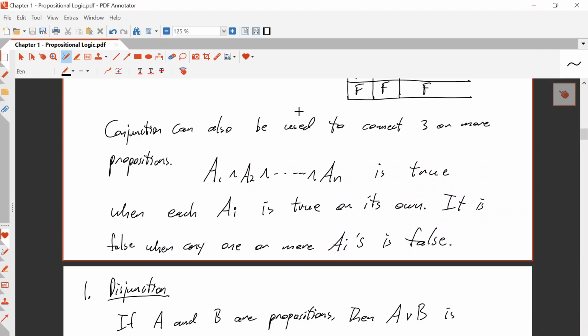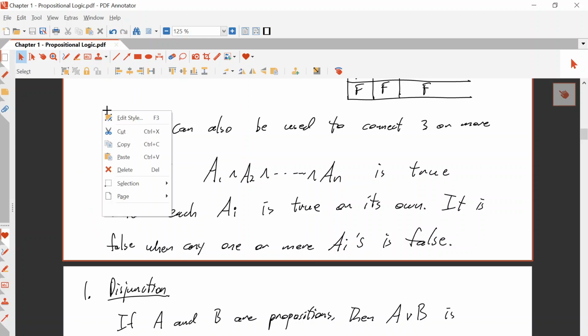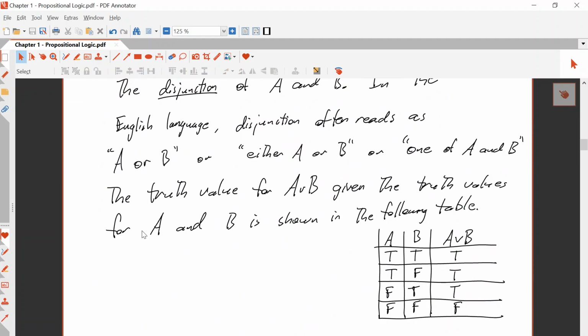Disjunction can also be used to connect 3 or more propositions together, just like conjunction can.